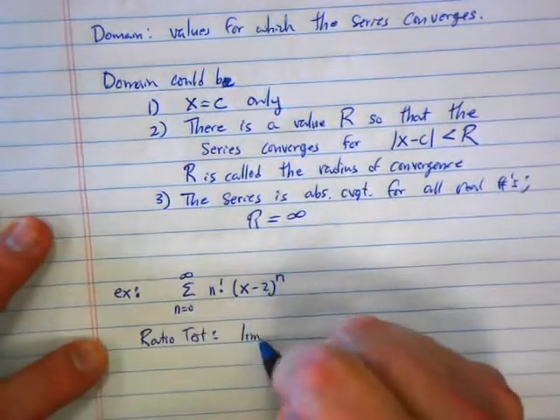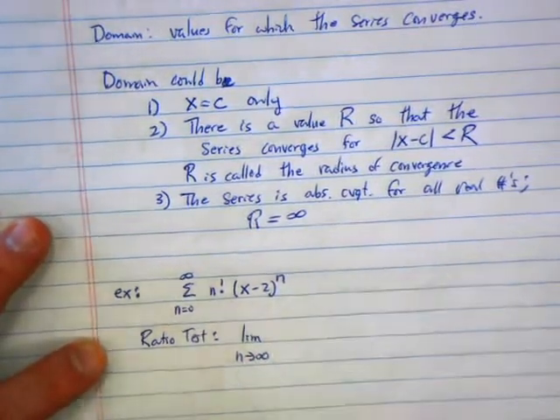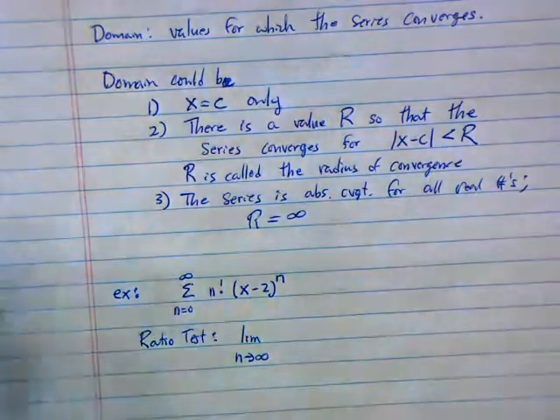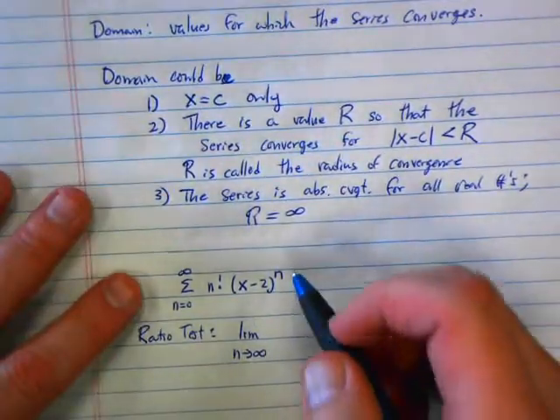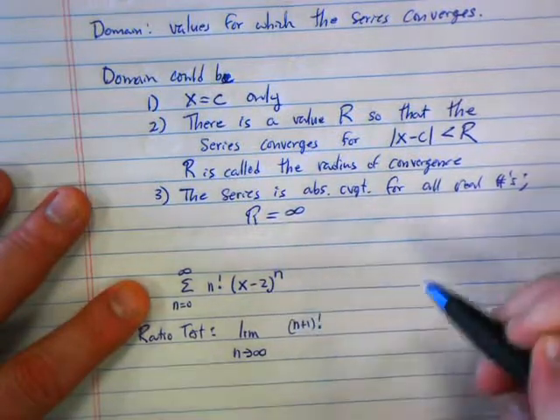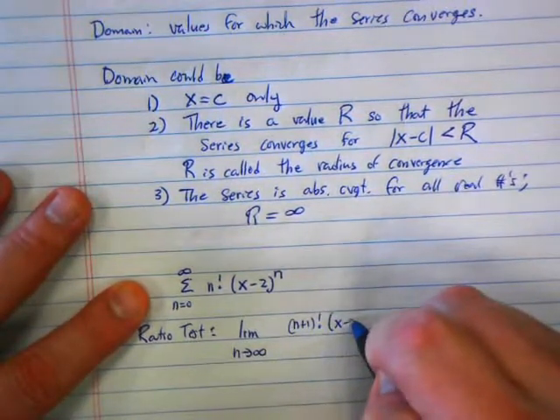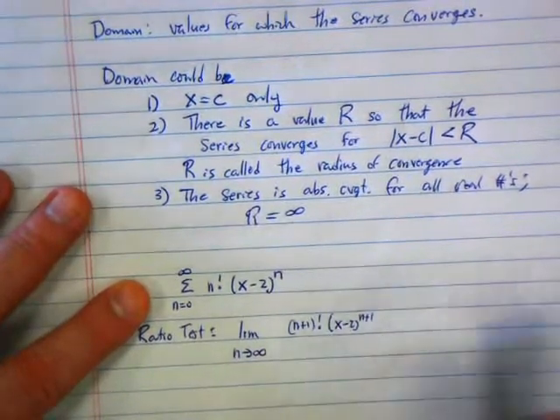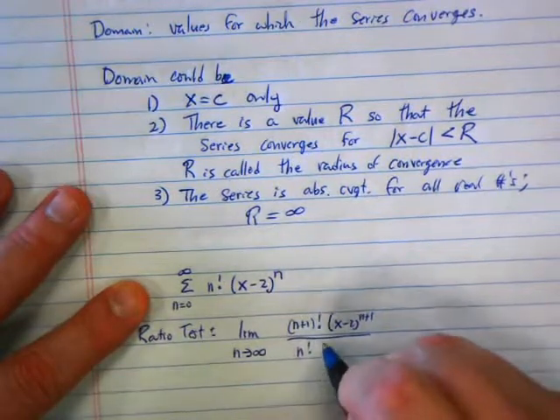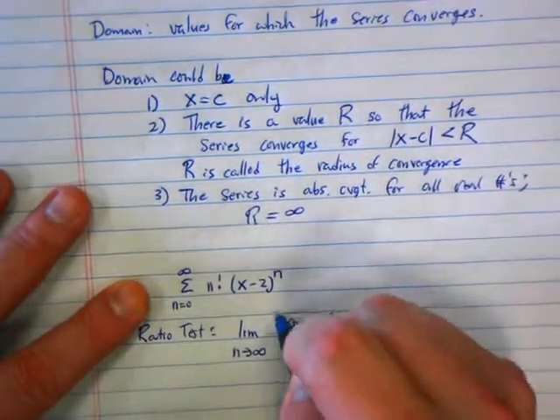We're going to have the limit as n goes to infinity. How did that ratio test work again? a sub n plus 1 divided by a sub n. So that means I'm going to have n plus 1 factorial times x minus 2 to the n plus 1, divided by n factorial times x minus 2 to the n.